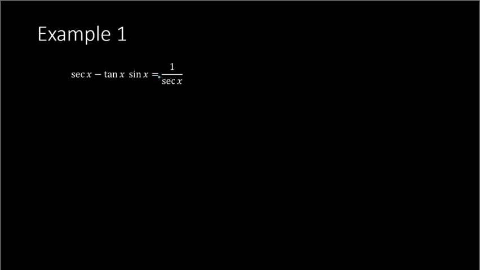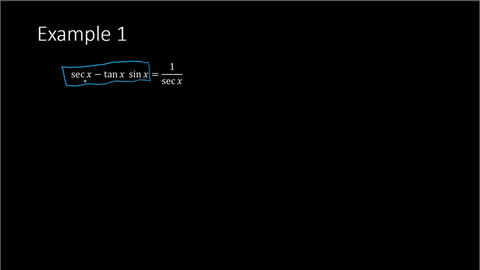So we notice that the left side is more complicated than the right side. So what we're going to do is we're going to focus on this left side over here and then try to rewrite this in different ways by using our different fundamental trig identities. In this particular case, we want to use the approach of trying to convert everything into sine and cosine.